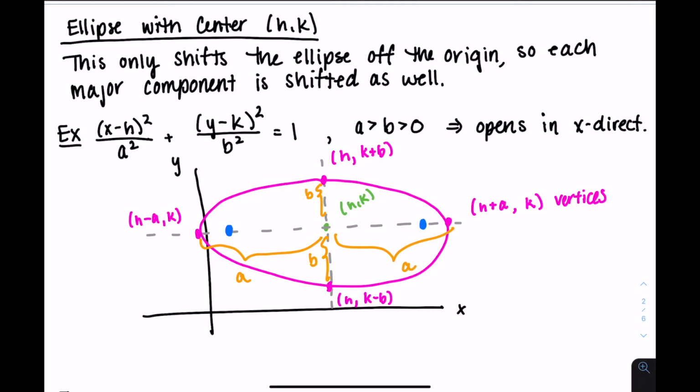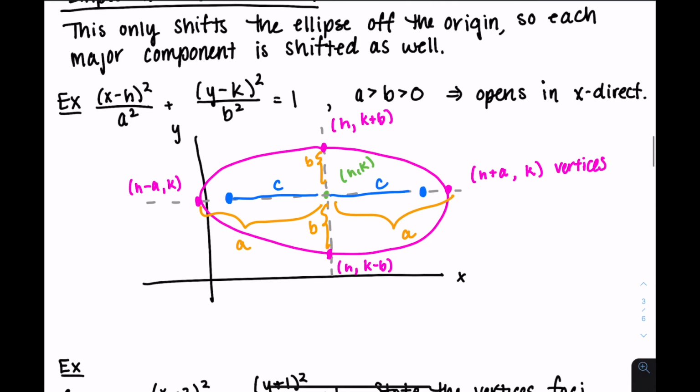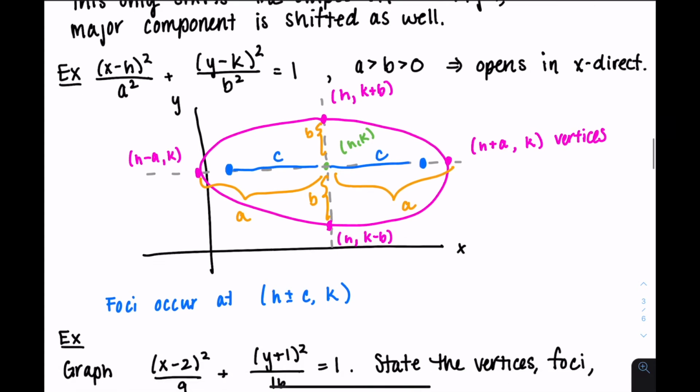So I add the distance c and subtract the distance c. If you want the coordinates of the foci, that's just affecting the x coordinate. Again, the y coordinate is going to stay the same. So the best thing you can do is plot these, take it step by step. You don't need to memorize formulas for all of the endpoints.